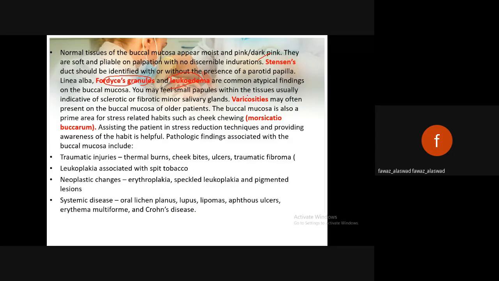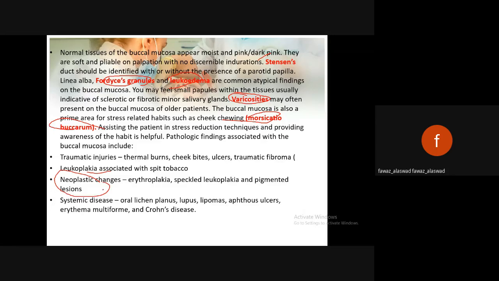The varicosities and hemangioma are also present on the buccal mucosa, with proliferation of the endothelial wall, and we learned the difference between hemangioma and vascular malformation. Also, the peak bite, morsicatio buccarum, is the most common type of lesion on the buccal mucosa. Leukoplakia, and do not ignore if there are any neoplastic changes.